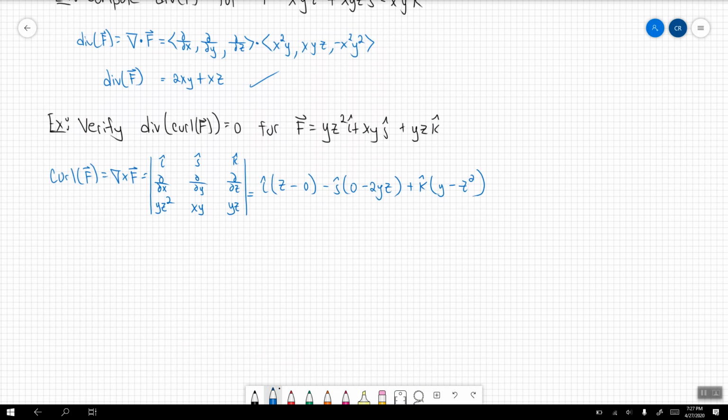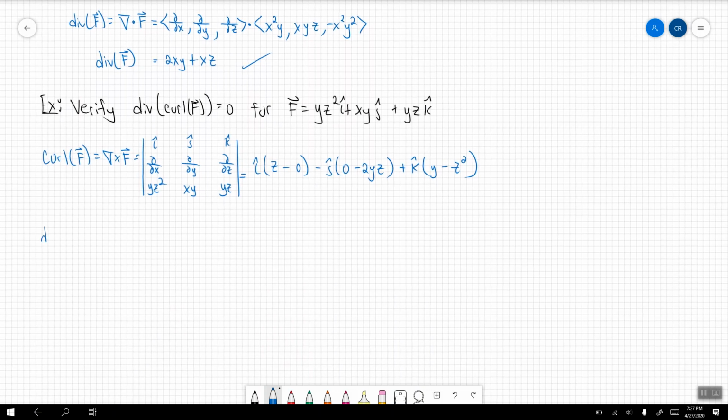All right, so now that we've calculated the curl, now we're going to calculate the divergence. Oops, my apologies there. Now we're going to calculate the divergence of the curl of f. Now, the way that looks, that's going to be the divergence of what we just found here.